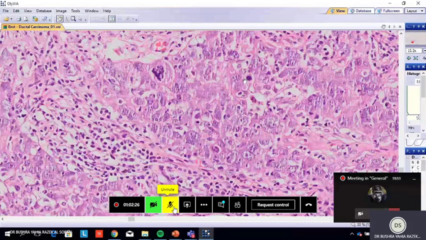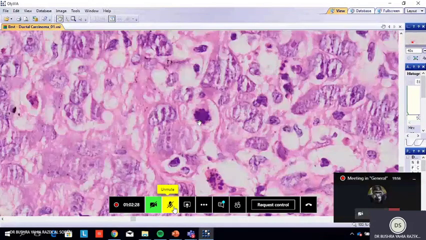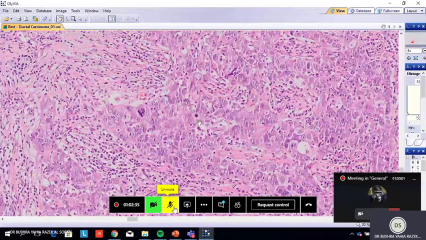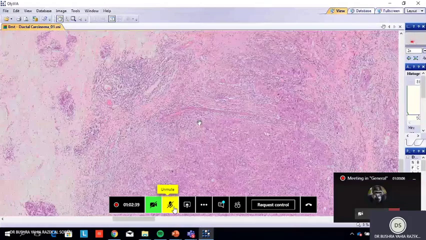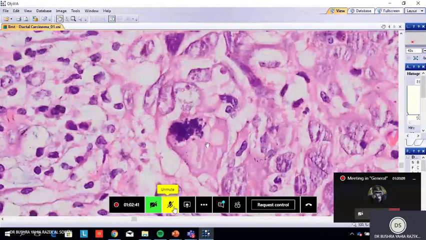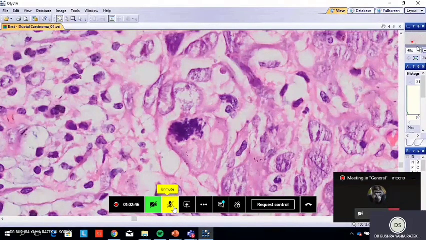You have to check, see, how irregular the boundaries are. Here is also mitosis, I can see it in low power. Usually you see mitosis in high power field, 10 or 40.